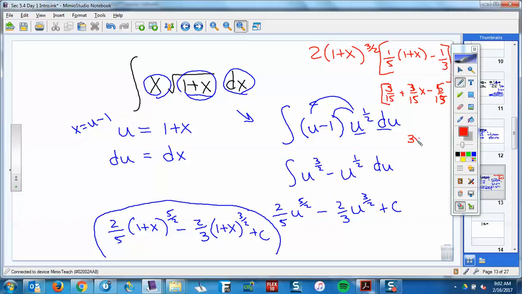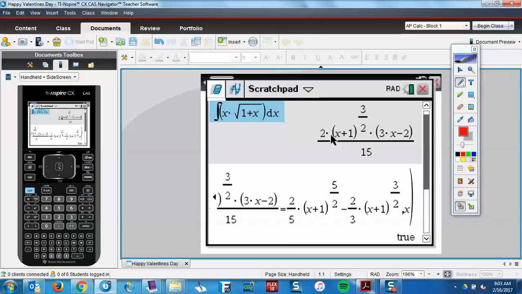So this would be 3x over 15 minus 2 over 15, which the calculator would just write as 3x minus 2 over 15, multiplied by that. Since it's multiplied, it would put it all over 15. It'd bring in the 2, it'd bring in the x plus 1 to the 3 halves. So you've got 2 times x plus 1 to the 3 halves times the 3x minus 2, all over 15. And if you look at what the calculator had, that's right. So it put it in a kind of factored form.